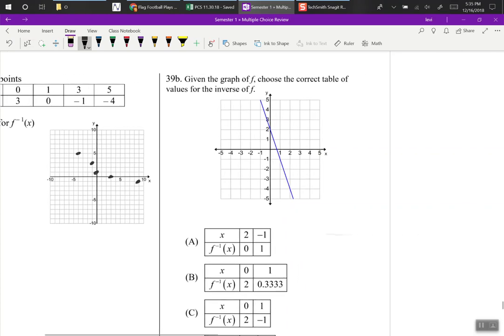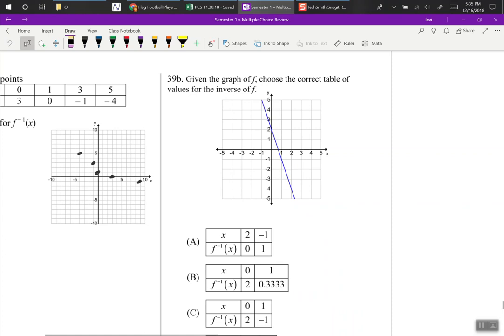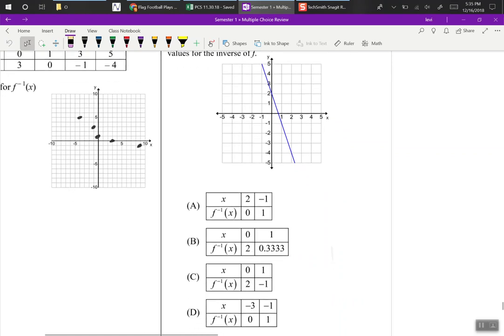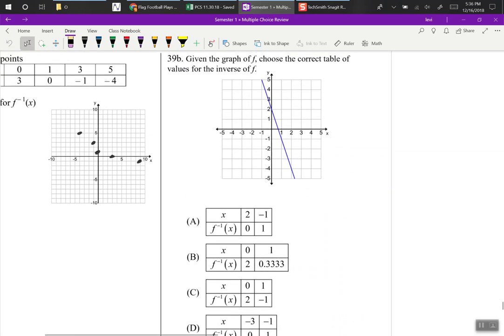39B. Given the graph of f, choose the correct table of values for the inverse of f. Well, what are some points here? We've got a point here at 1, -1. We've got a point down here at 2, -4.